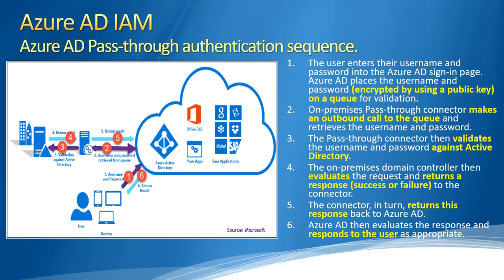Because it's new and still in preview, people are testing it, I don't see a lot of enterprise customers moving off of ADFS until this feature is GA, live and tested. But yes, it can be a competitor to ADFS for sure. Okay, thank you.